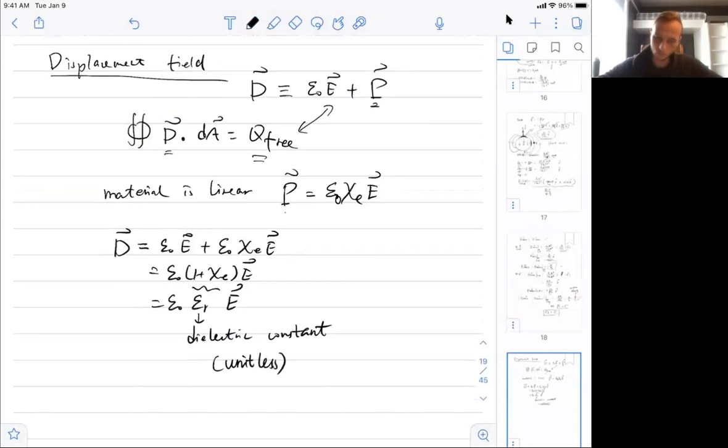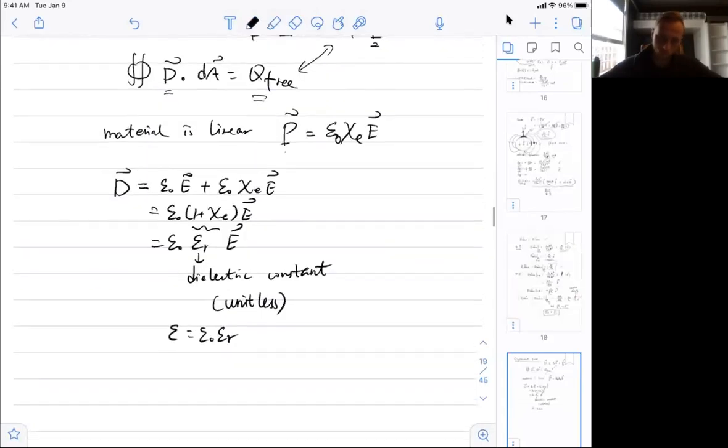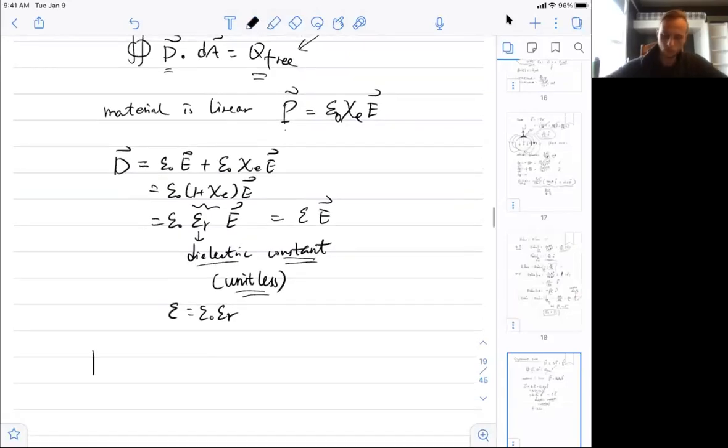Okay. This is epsilon naught, epsilon R. This one has unit, the same unit as epsilon naught, the permittivity of the dielectric. Epsilon R does not have unit. Okay, it's just a number. All right, so which means I can write my D simply as epsilon times E. Polarization is proportional to your E field.